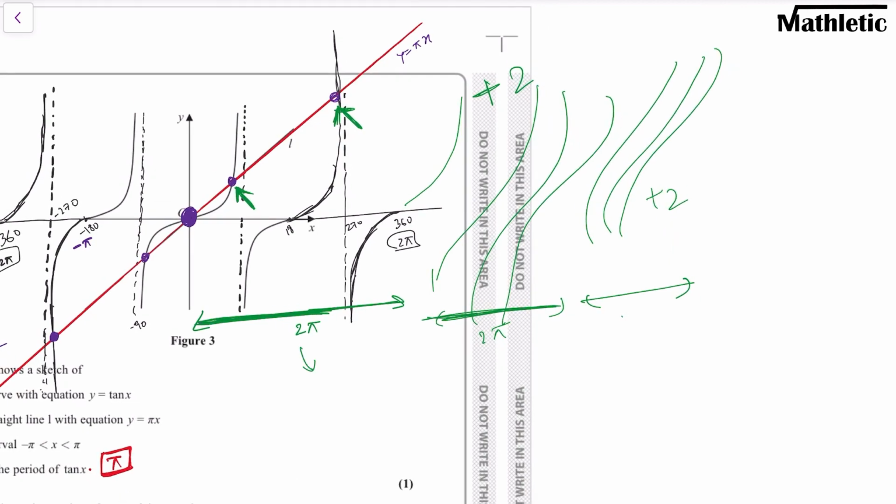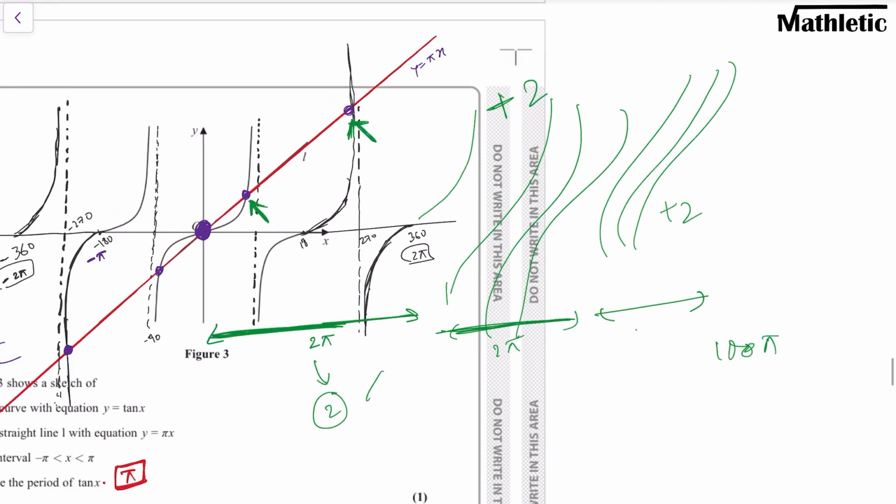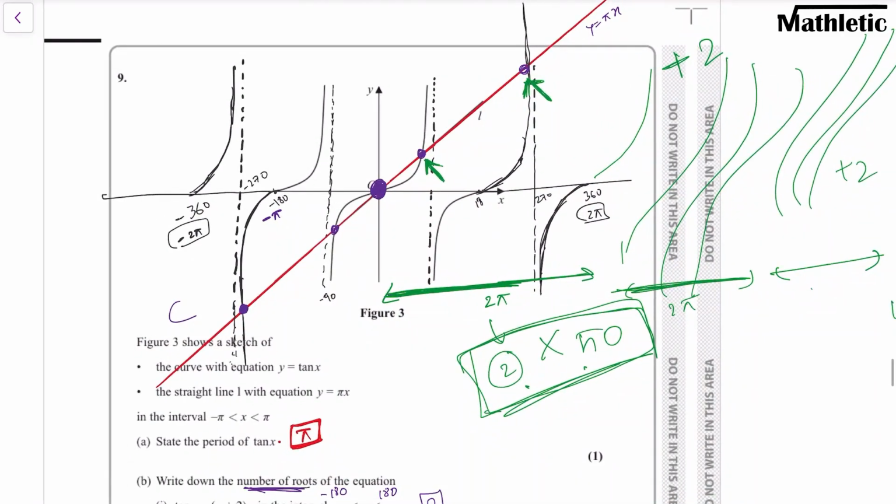In this part we have two cutting points, and since we need to go up to 100 pi, it means you need to replicate this 50 times. So we will have 100 points, 2 into 50. Similarly, at the left side, just like I said, we are not talking about the origin. You cannot just multiply the origin point by 50.